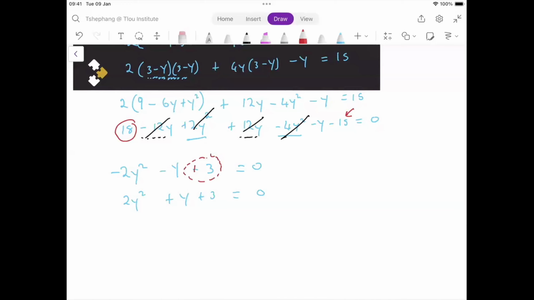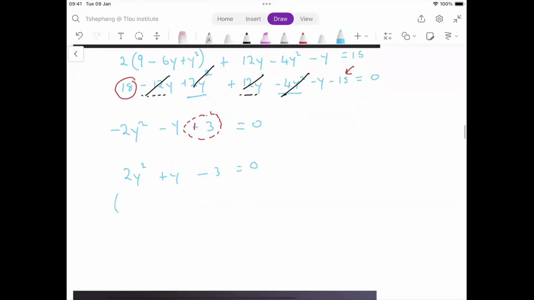So let's try to clean this up. So if it's a positive 3, what I have is 2y squared plus y. Then we're going to have minus 3 is equal to 0. Okay, now let's see if this works.